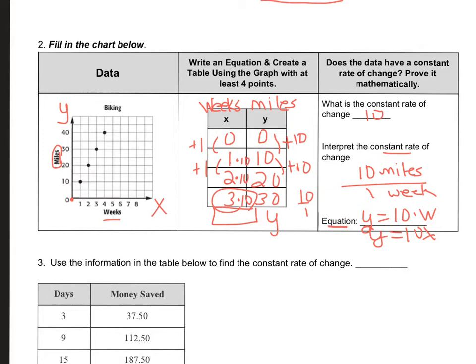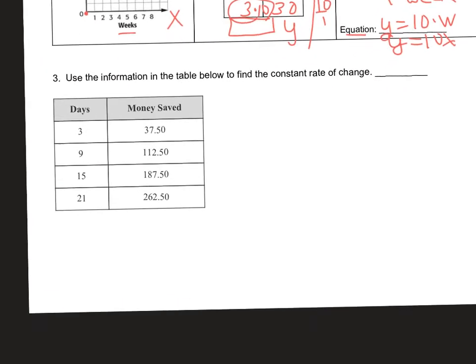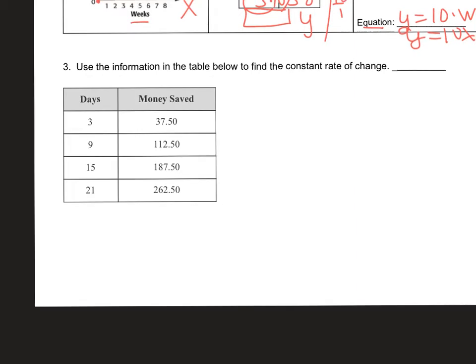Now we're going to look at this information on problem 3 to find that constant rate of change. Once again, how do I find my constant rate of change? Change in y over change in x. Let's look at our money saved, which is our y variable, and let's look at that difference and how it's increasing on our days.